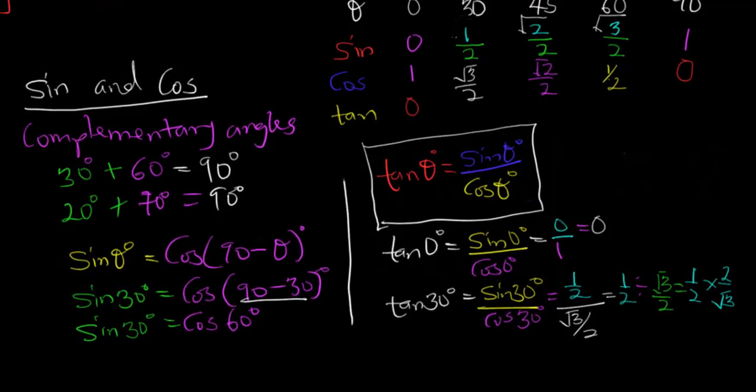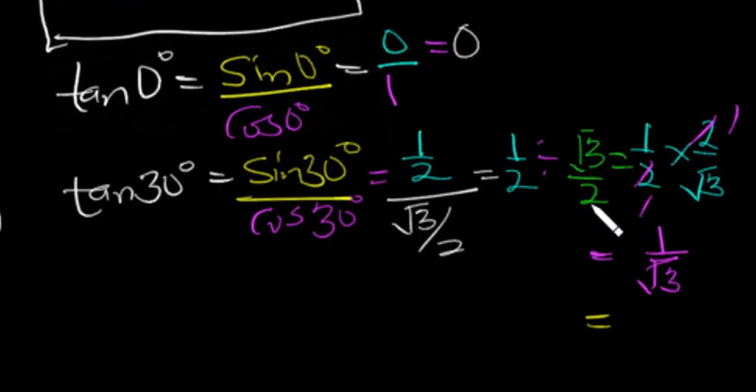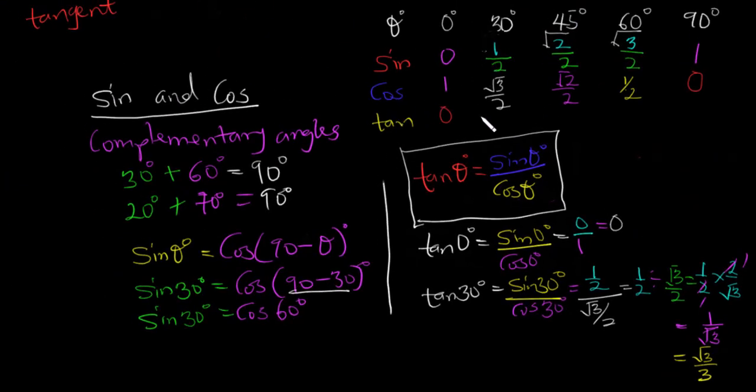And from here, 2 will go into itself 1, 2 here 1, and I'll have the final answer to be 1 out of root 3. I can even go on to rationalize this by multiplying the numerator and the denominator by root 3, and I'll have root 3 out of 3. So tan 30 degrees is root 3 out of 3.